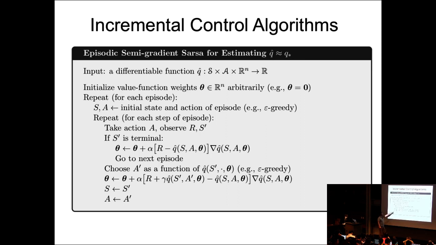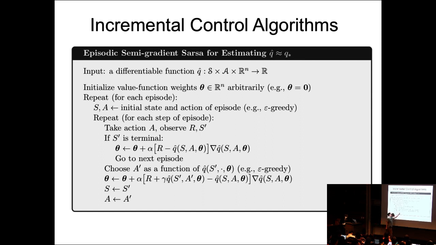Otherwise, you choose the action as a function of Q tilde, your approximation right now. For example, it's epsilon greedy. We'll see later that if you formulate the problem a little bit differently, you don't have to use epsilon greedy. You can just use greedy: just take the action that maximizes your Q function.